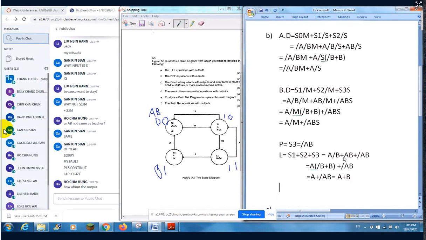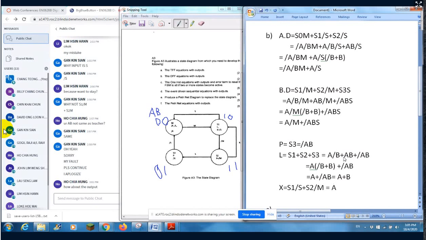Okay, the next one is X. X actually is S1 S bar, all with S2, all with M bar. So S1 is what?